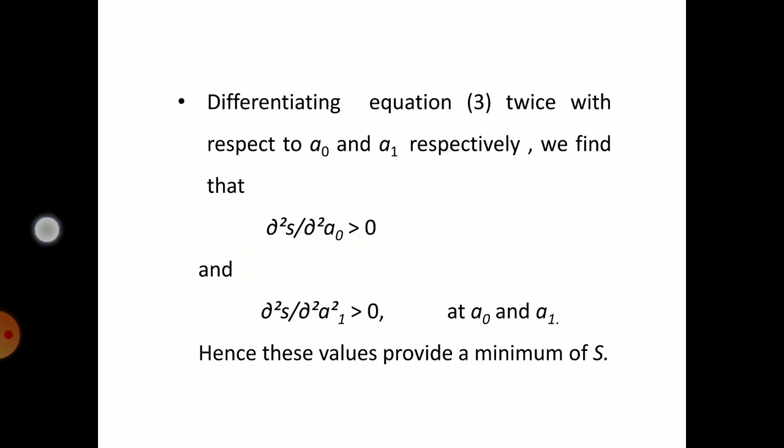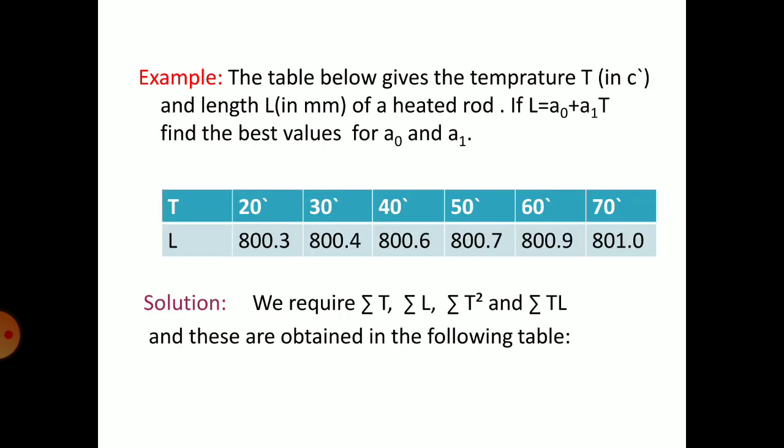Before that, already I have told that the first order derivative must be equal to 0 and the second order derivative must be greater than 0. Again, differentiating equation 3 twice, you can observe that these derivatives are greater than 0. Now here, to understand least square curve fitting for a straight line, one example is given. The table below gives the temperature T in degrees Celsius and length L in mm of a heated rod.